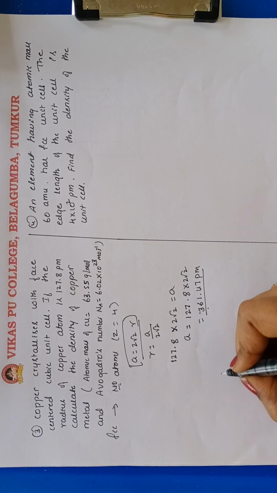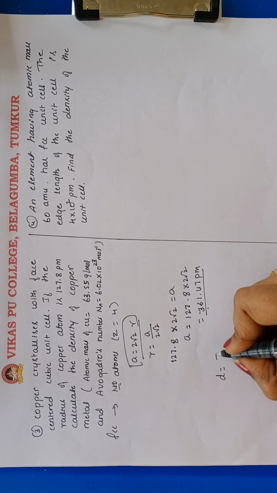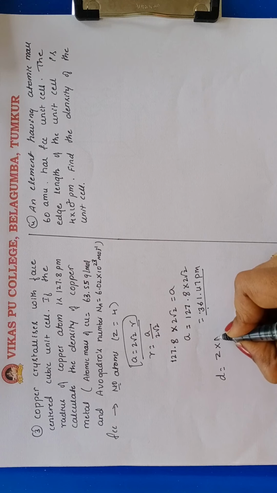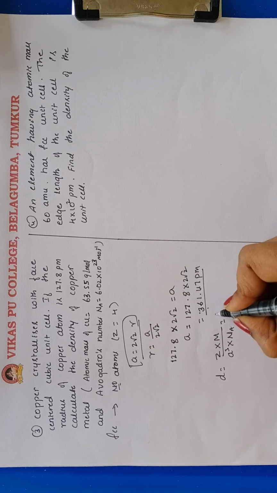Now you can use the density formula. The density d is equal to Z into M divided by a cube into N A. Z is equal to 4.